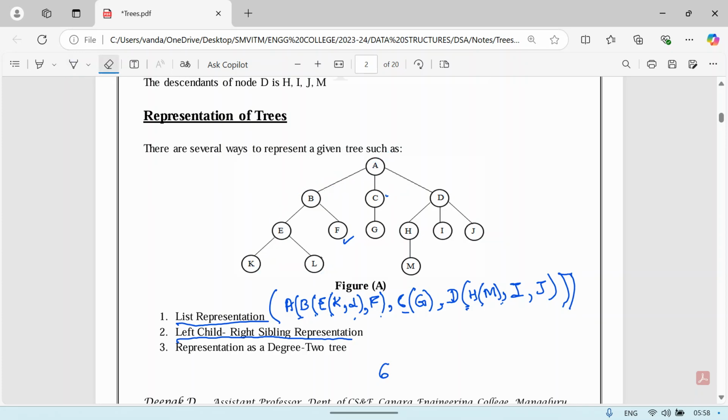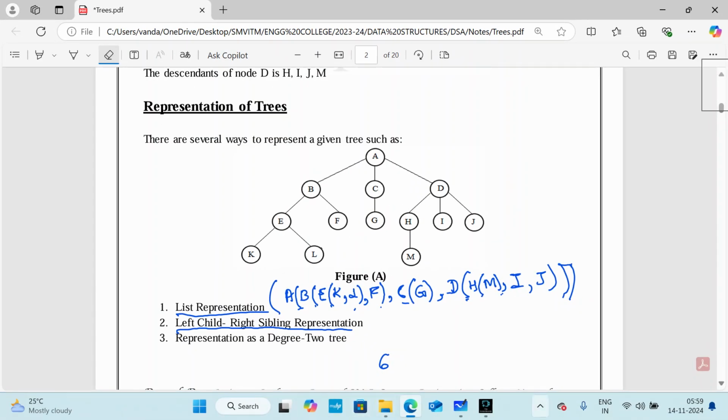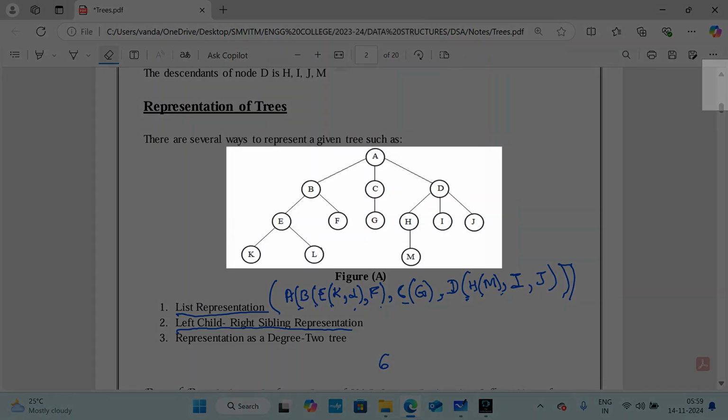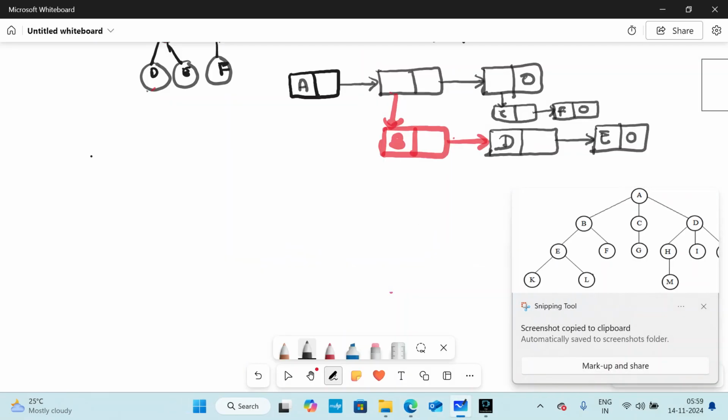Once you have written the list, now we will actually represent using a list formation. Let us take this tree first and then we'll try to do the representation. Let me first copy this over here.